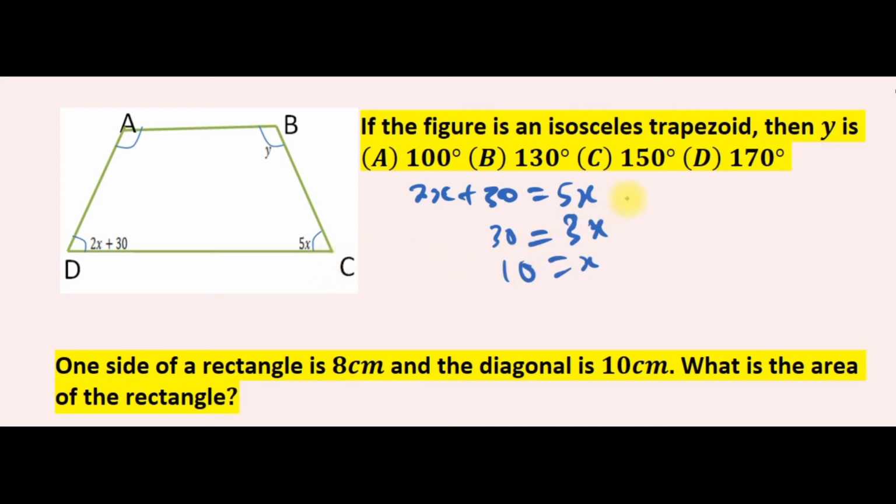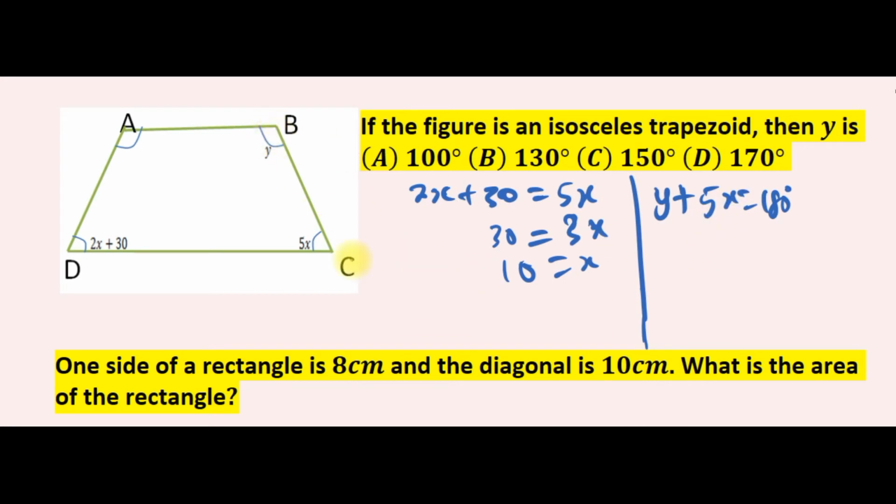Again, for every quadrilateral, the consecutive angles are supplementary. See the consecutive angles. This is a transversal. So if you add whatever that is here and here, it must be 180. So I'm saying that y plus 5x must be 180 degrees. That's consecutive angles are supplementary.